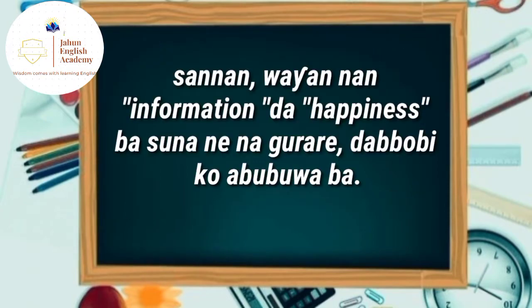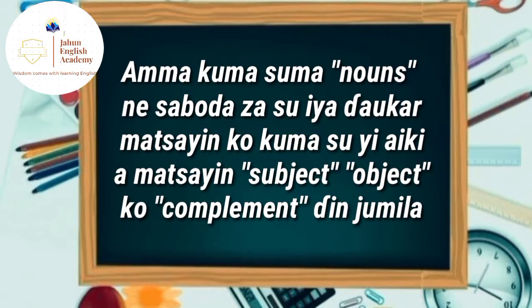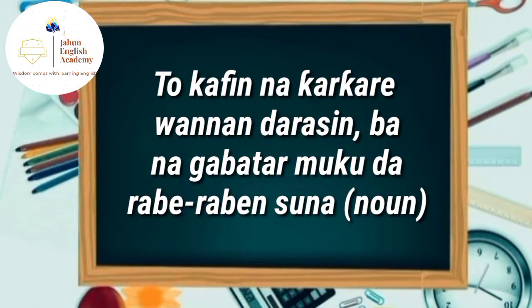Information and happiness are not names of places, animals, or things. Yet they are nouns because they can take the position of, or function as, a subject, object, or complement of a sentence. Before I end the lesson, let me present to you the classifications of nouns.